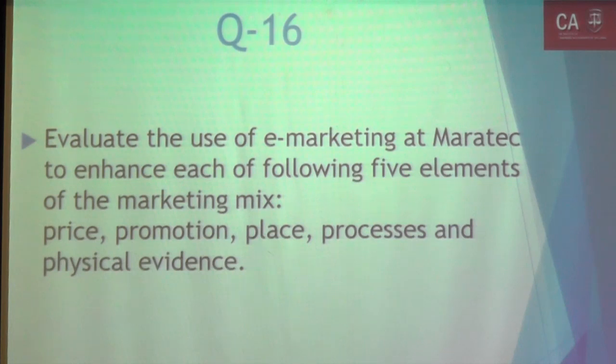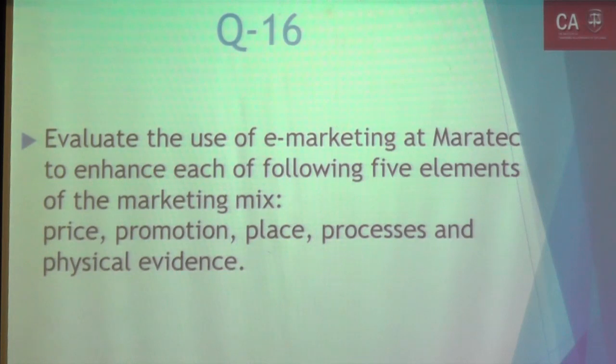If I just recap it for you, there's a company called Maratech. They are into high quality furniture. They have a procurement policy of getting things, but it can sometimes delay. They have just one showroom and they have furniture laid out there.